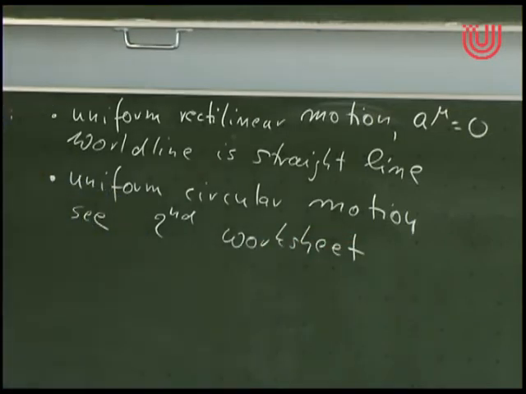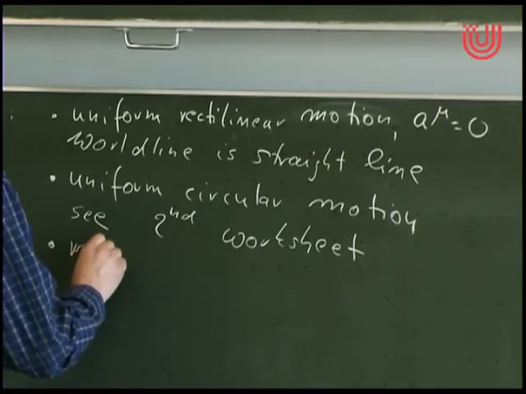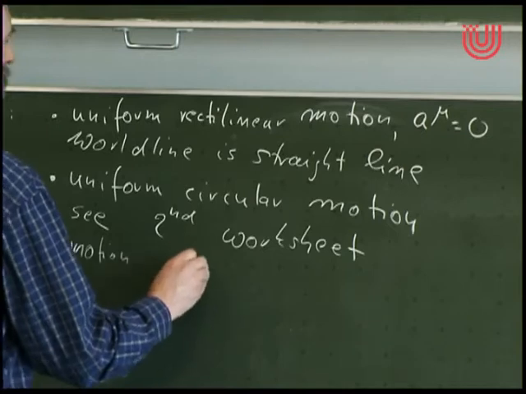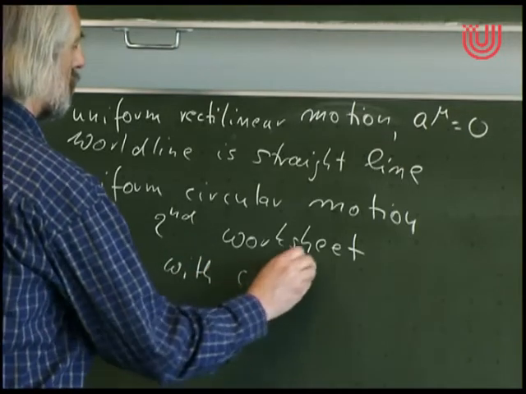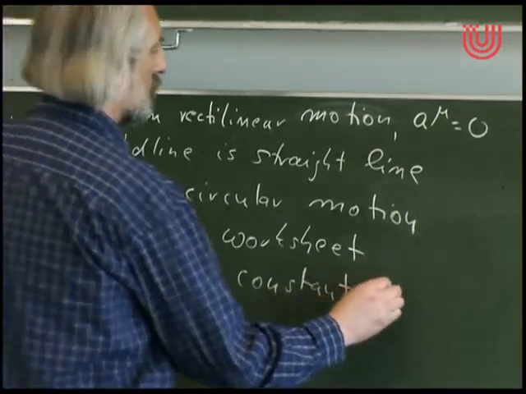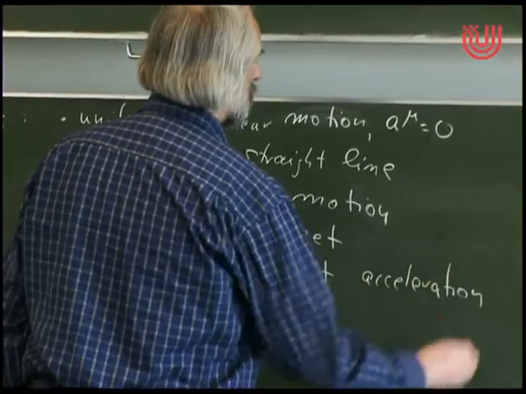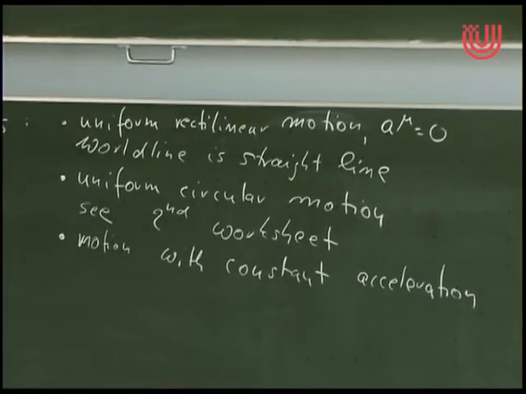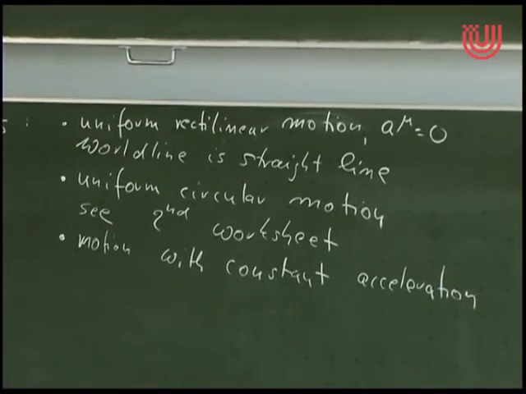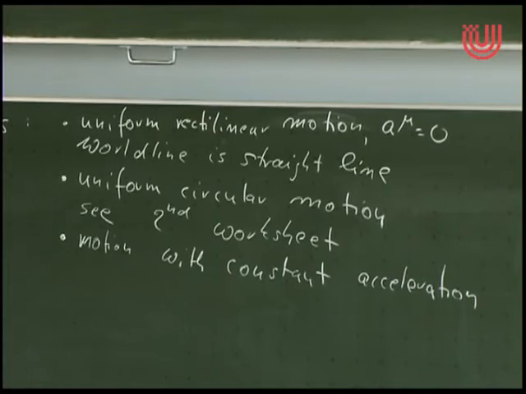And now we will do a third example, which is slightly less trivial. This will be motion with constant acceleration, in a straight line. Yeah, so I have a motion where the particle accelerates with a constant acceleration.